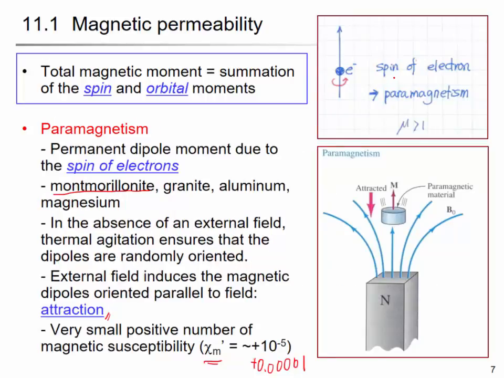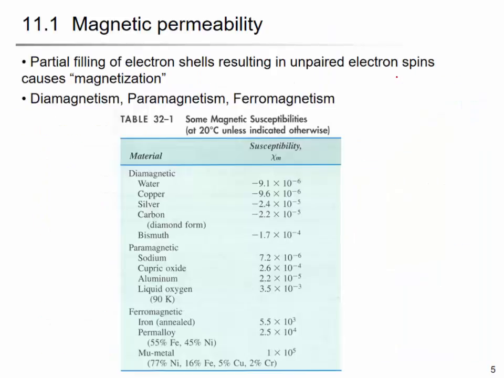So if we compare the susceptibility values, the diamagnetic materials, water, copper, silver, carbon, bismuth, are around negative 10 to the minus 5. Right?